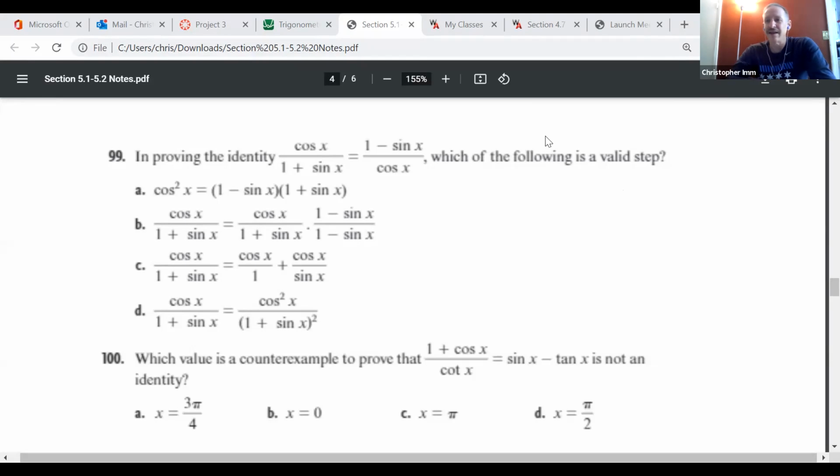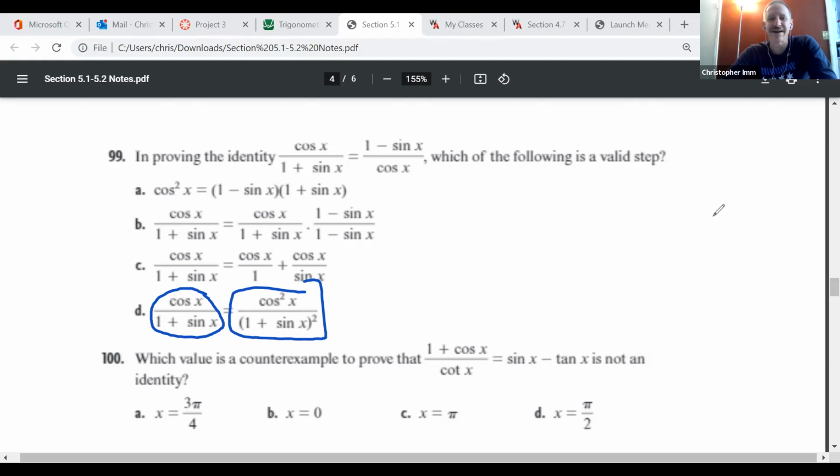Let's take a look. Let's just look at some that wouldn't be valid. One thing we would never do is take an identity and square it. So this is never right. We can't just square identities because that changes the whole thing. So we can eliminate part D first.